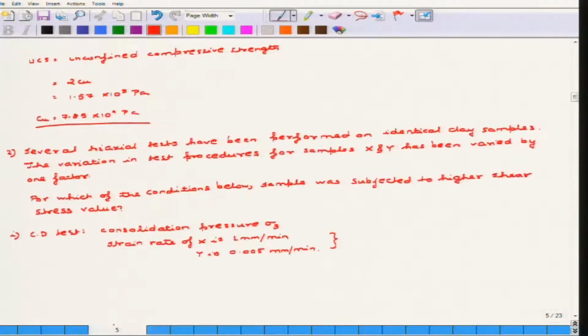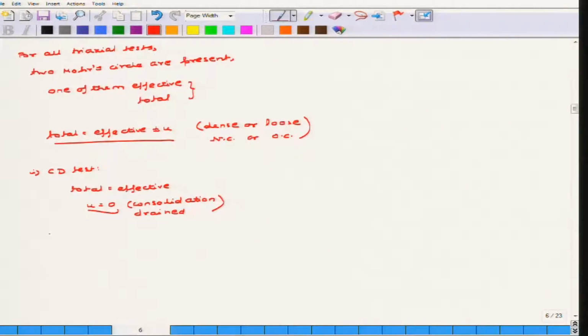And one important thing: what is the high stress value? In this case, the high stress value is the one which has the maximum shear stress at failure, because you know that a soil sample is always subjected to only shear.